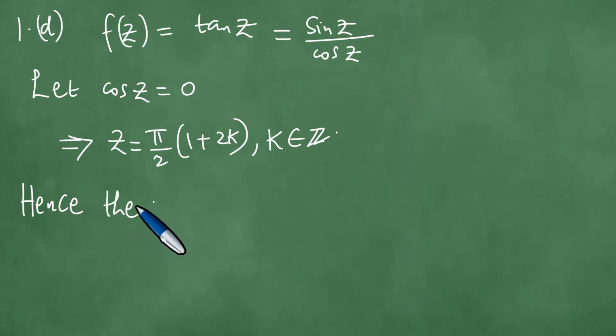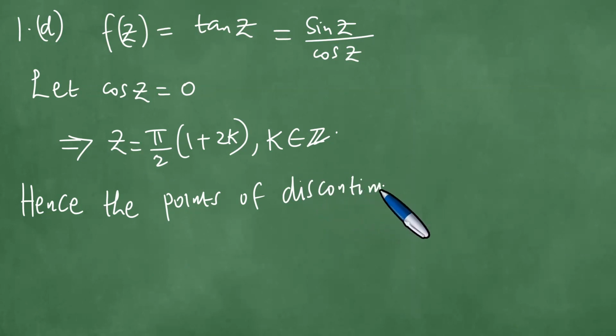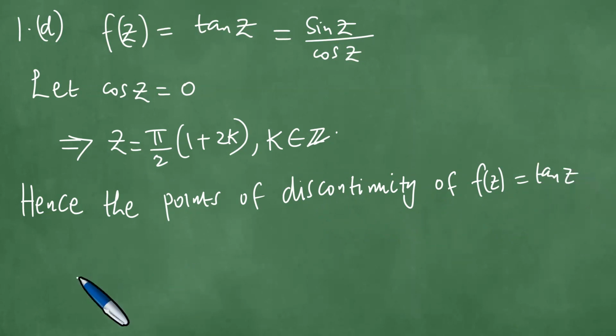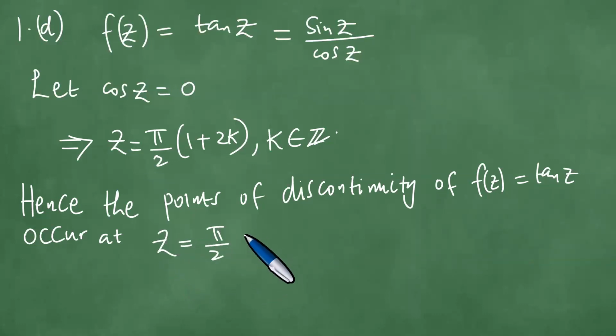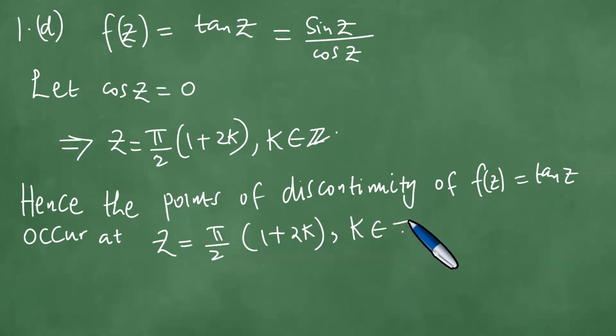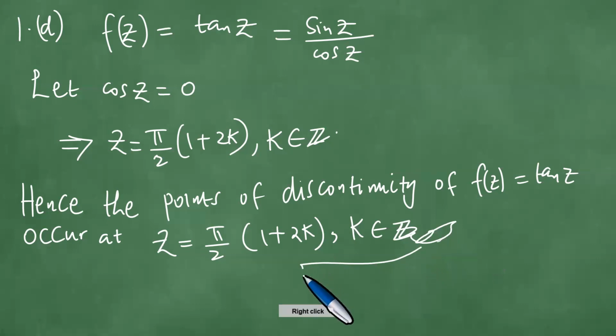Hence the points of discontinuity of f of z equals 1 over cos 10z occur at z equals pi over 2 into 1 plus 2k, k an element of Z.